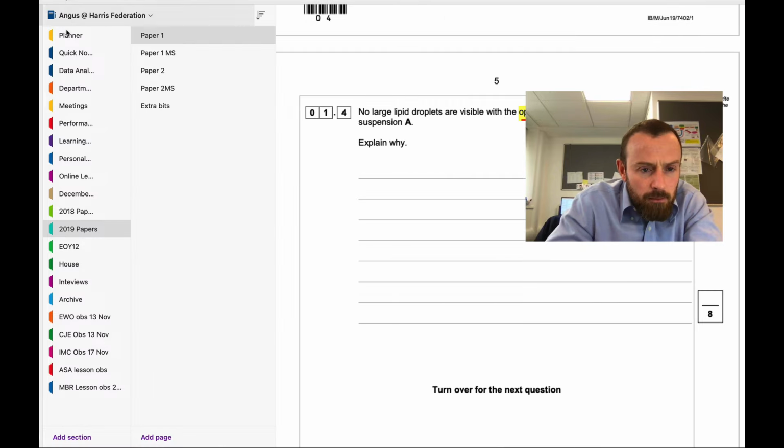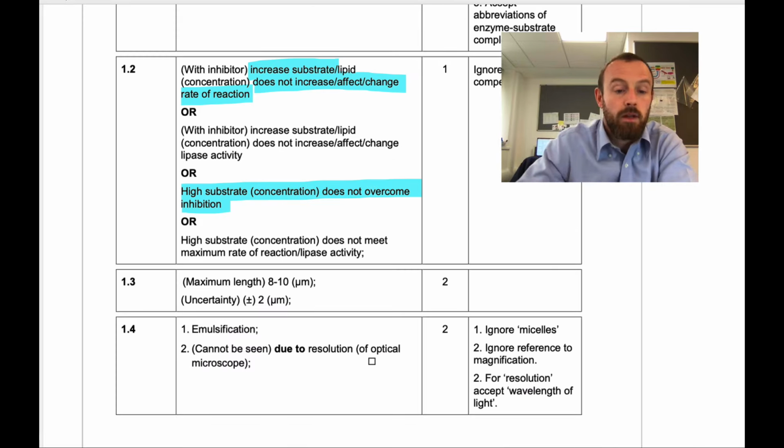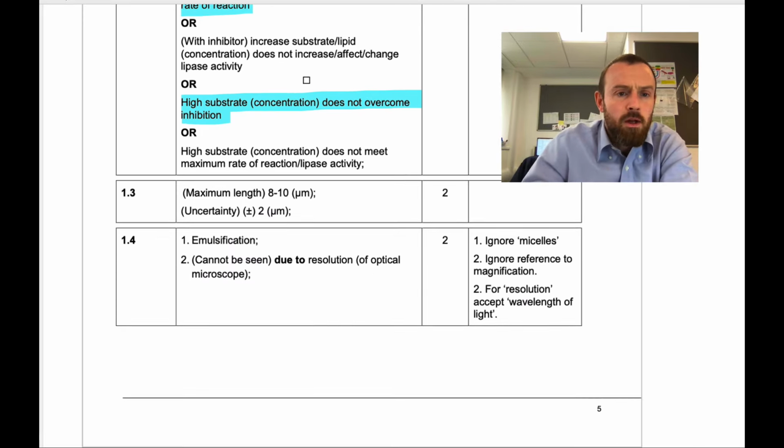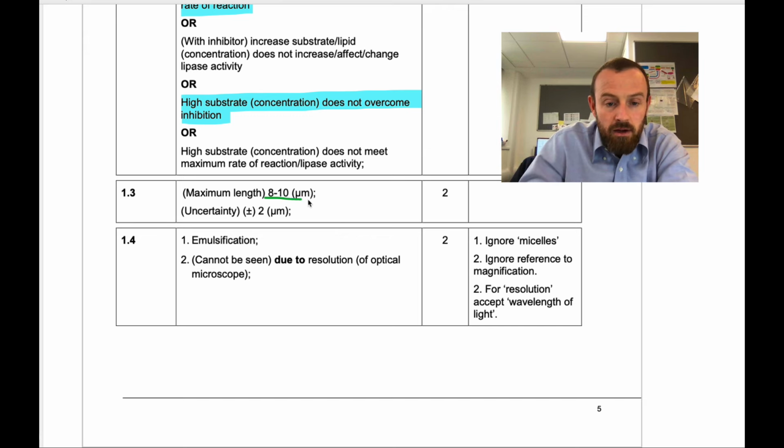Let's check the mark scheme for those two. Here we go. So first of all, that maximum length, there is a bit of tolerance there, 8 to 10 micrometers, and the uncertainty is 2 micrometers. For the droplets question, I've got 1 mark for emulsification, and for the second mark, you have to use the word resolution: they cannot be seen due to the resolution of the microscope.